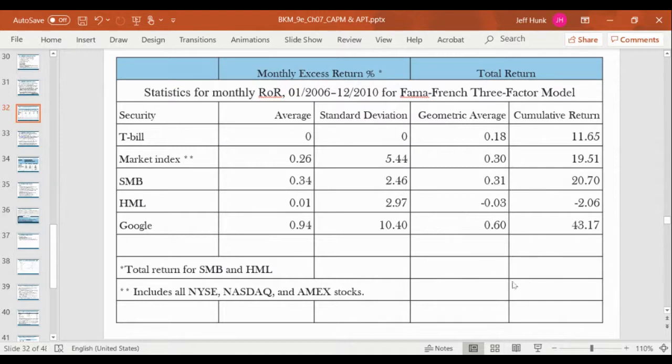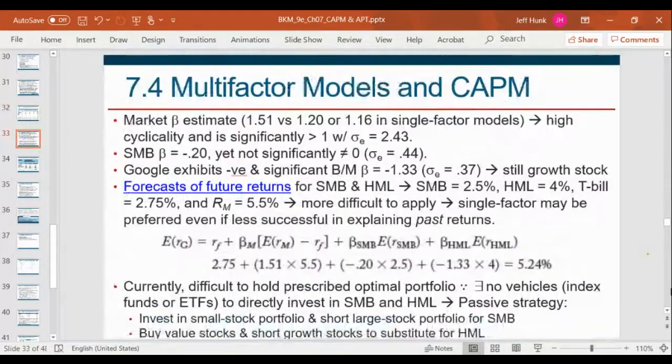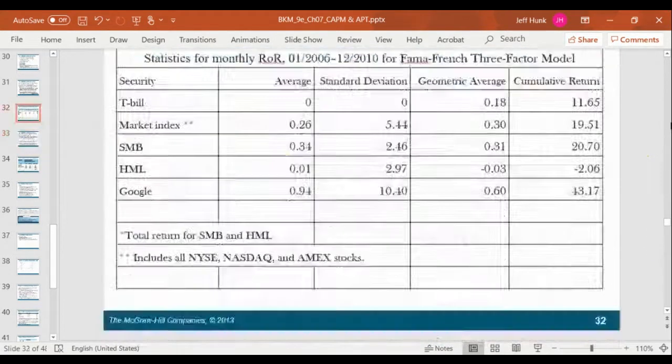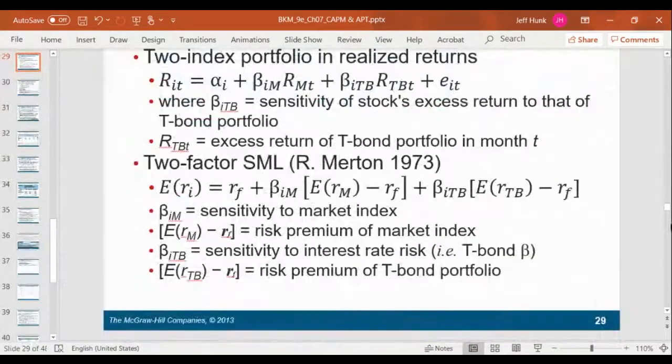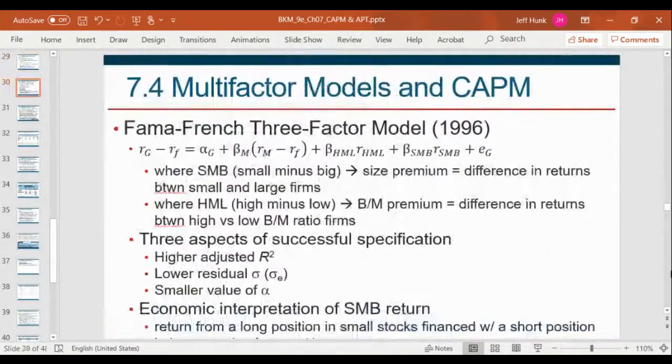The cumulative returns, geometric average, arithmetic average were given, but that's not the direct source data to run the regression, as you can tell from the specification of the model.